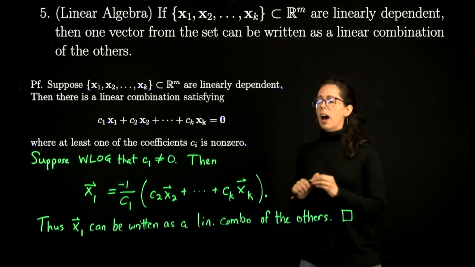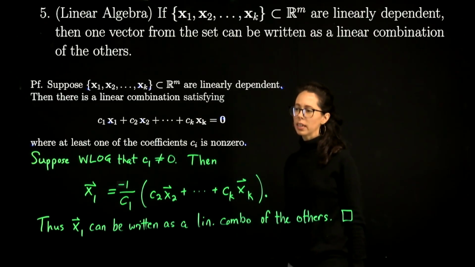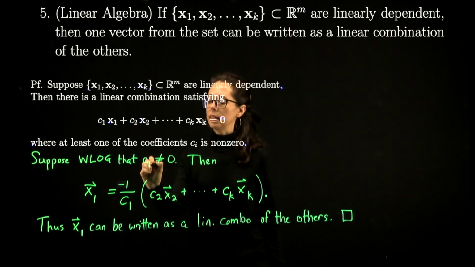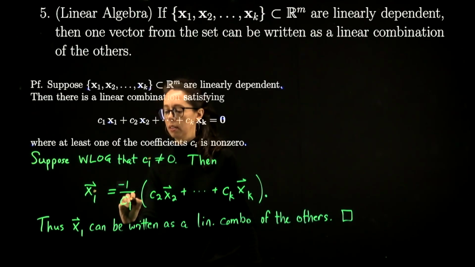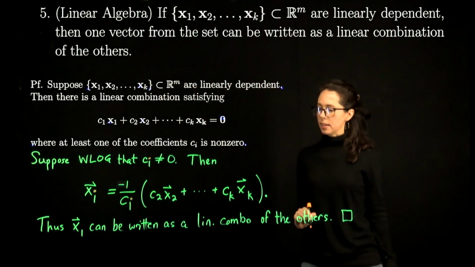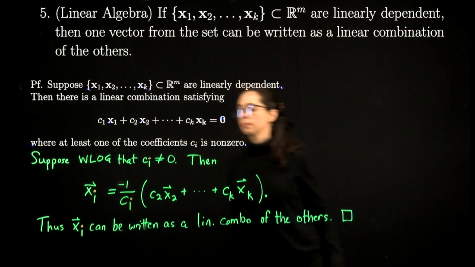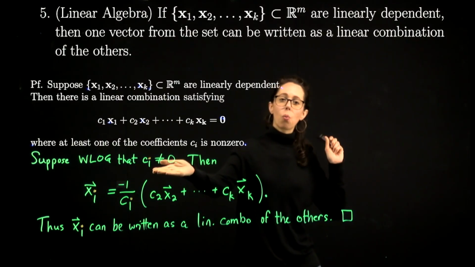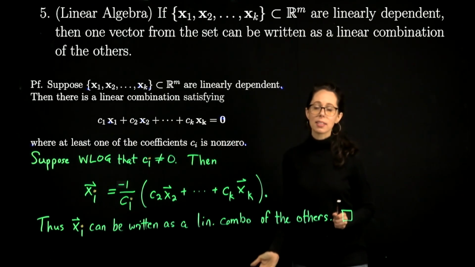I would rarely make this specific of a choice. Usually, I think it's normal to just say ci. Let's just do ci so I can throw a little dot here. All I did was change x1 to xi so that the reader understands I'm saying here is one coefficient which is not 0. I can do that because at least one of them is non-zero.